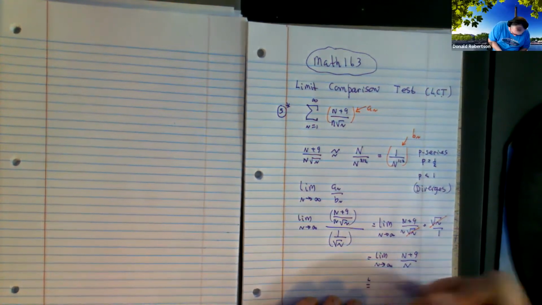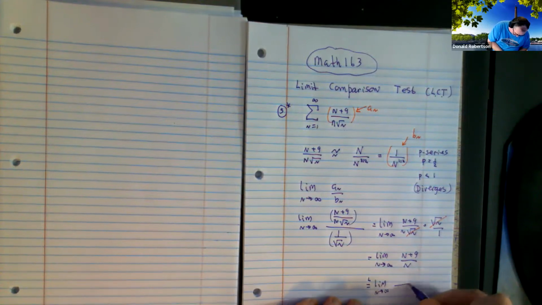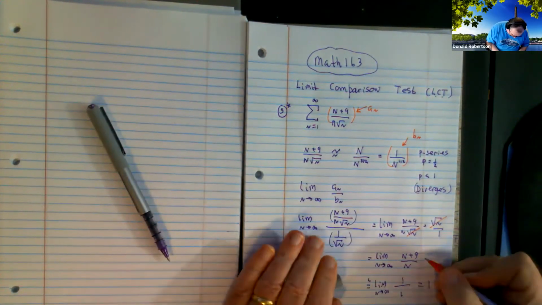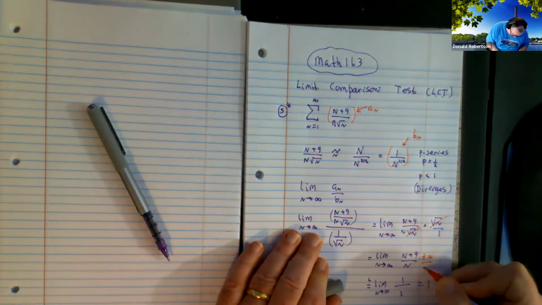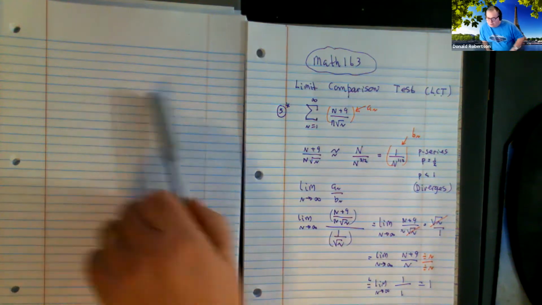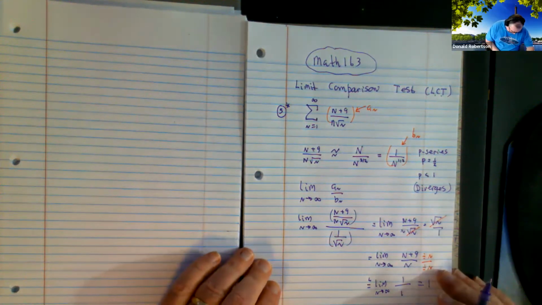Now you can do it, for instance, by doing L'Hopital and differentiating top and bottom. There's your 1. I could, however, have done it by dividing the top and the bottom by n and still got 1. So you pick whichever one you like, but the limit is 1. And we are pretty much finished.